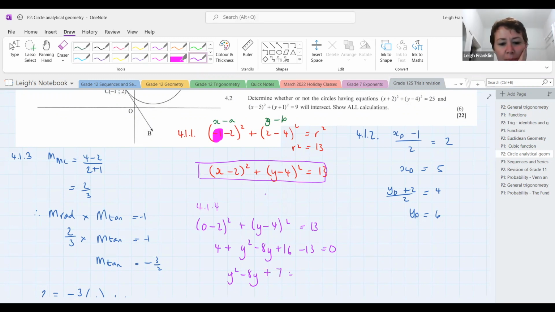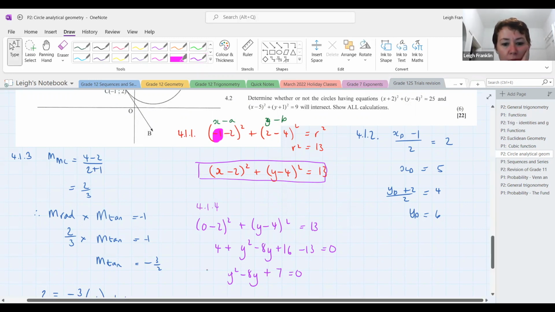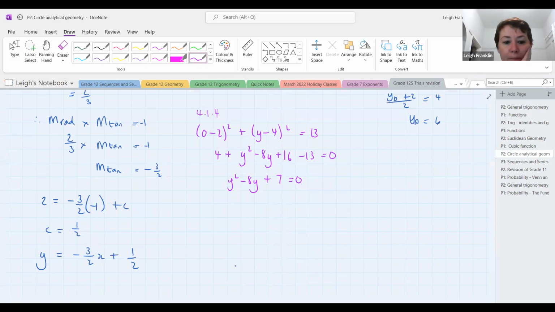So here we would end up with y minus 7 times y minus 1. So y is 7 or y is 1.